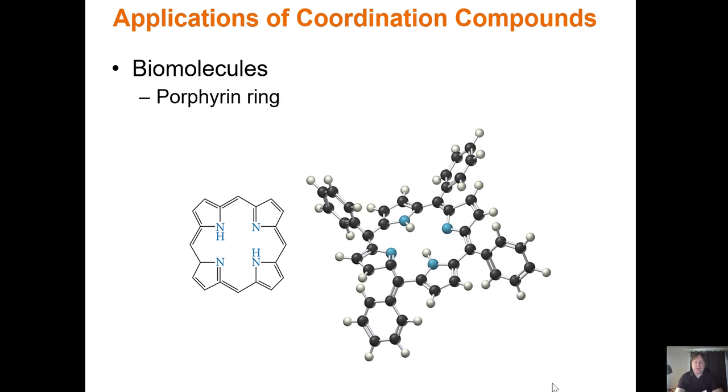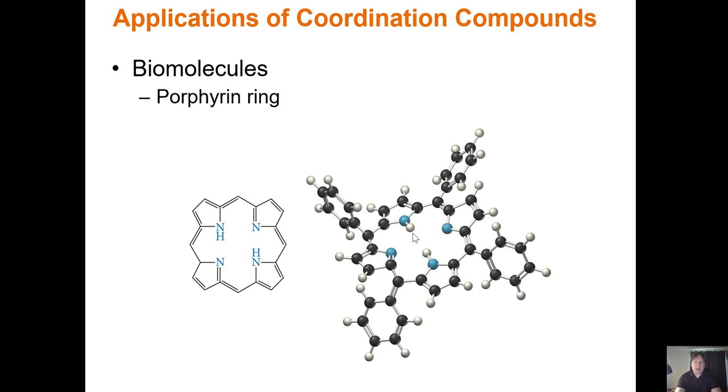So one thing that is often true for transition metals in biomolecular settings is this porphyrin ring. You don't have to worry about memorizing what this looks like. That is a detail for much later in your academic career, if you so choose to go in that direction.